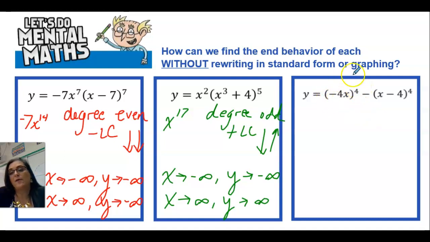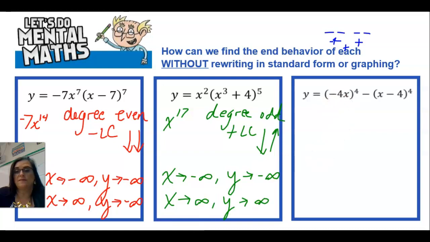Okay, so then looking at this third example, I've got negative 4x, that quantity is being raised to the 4th power. Okay, and when you raise a quantity, a monomial, to an even exponent, right, that negative is going to become positive because I have a negative times a negative, another negative times a negative, right? These two make a positive, these two make a positive, and positive times positive is positive. So this will become a positive.